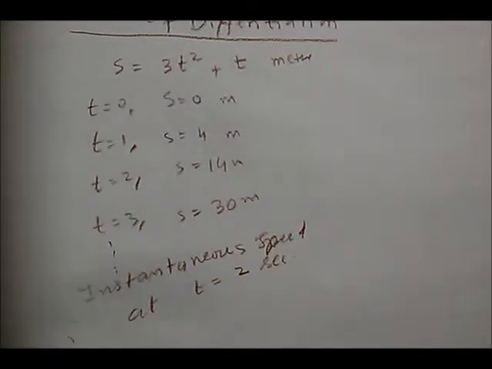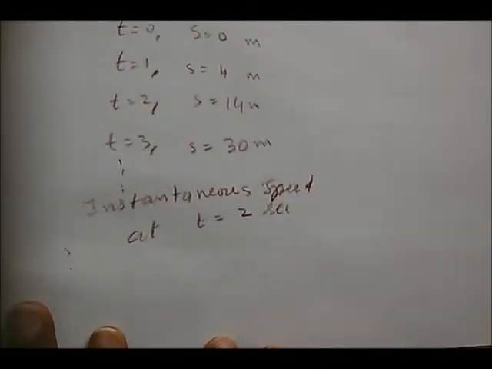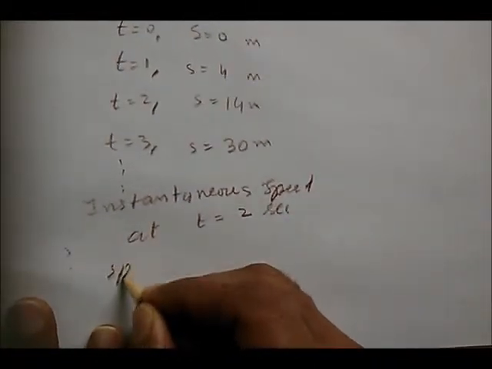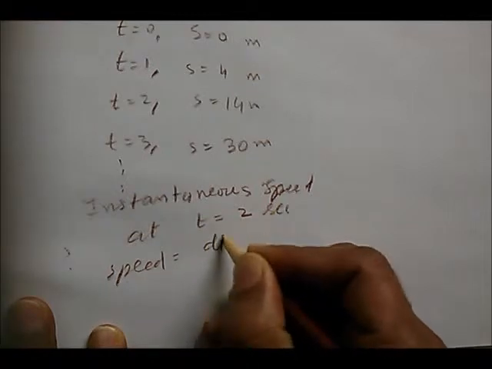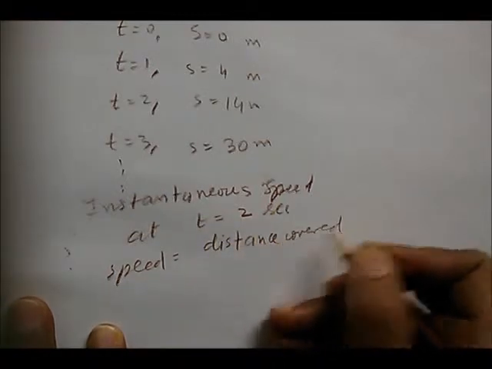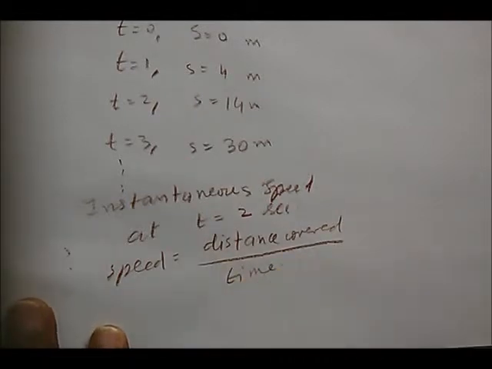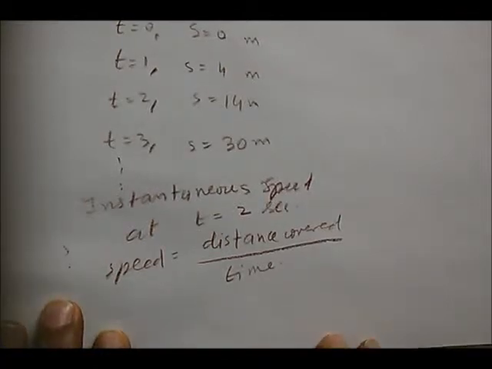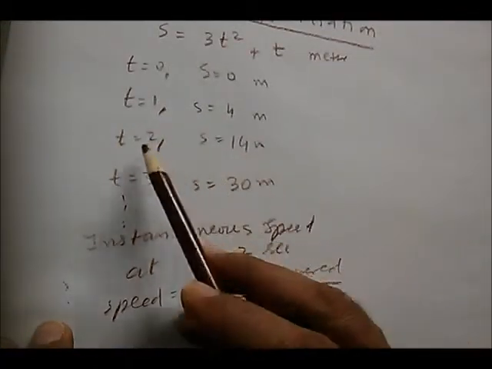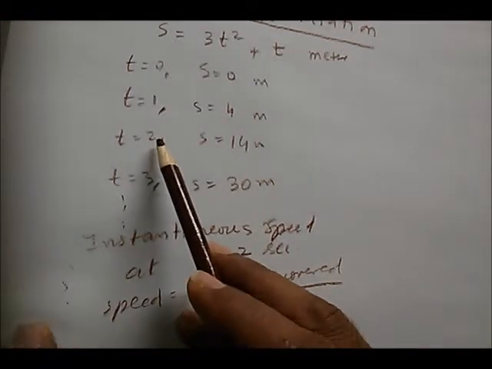So we know that the speed of anything is given by distance covered divided by time taken to cover that distance. Now at the time of exactly t equal to 2, no less, no greater than 2, what's the exact time?